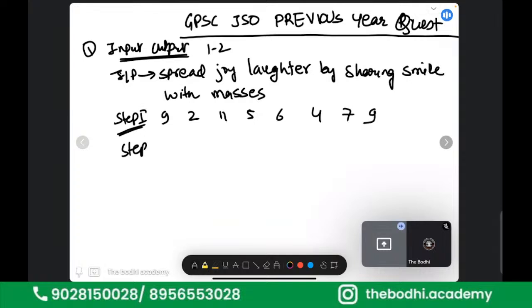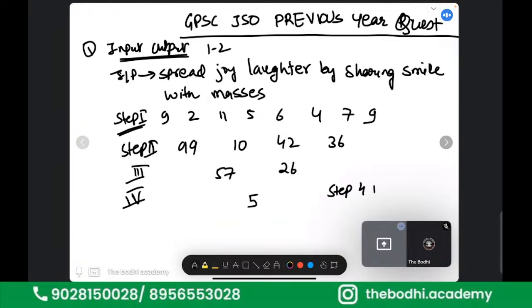Step 2 is given as 99, 10, 42, 36. Step 3 is given as 57 and 26. And step 4 is given as 5. So this is your complete question. And at the end it is given that step 4 is the final step.